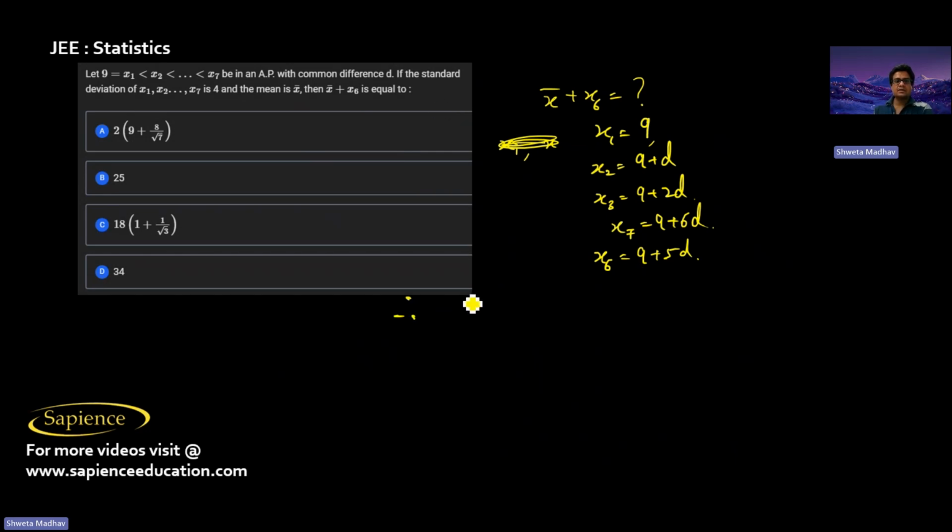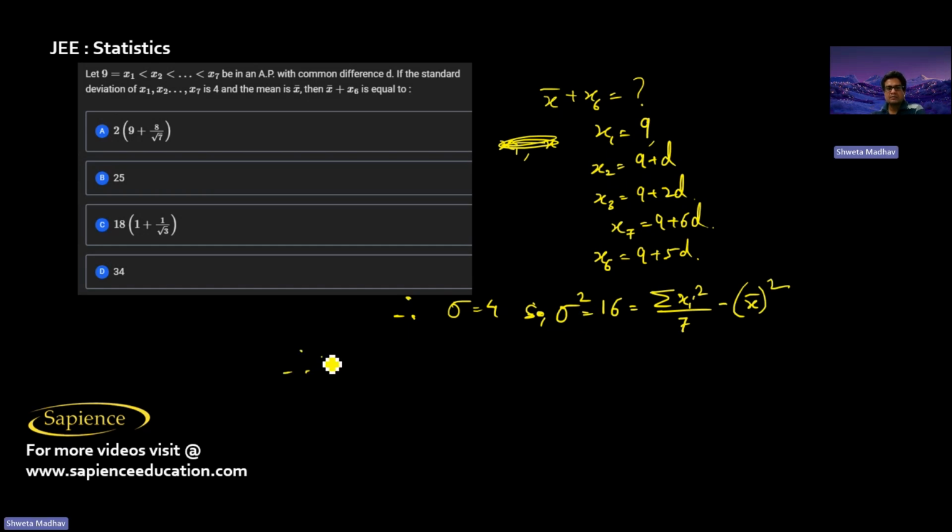Now the standard deviation sigma is 4, so the variance sigma square is 16, which will be equal to summation xi square by n, which is 7, minus x bar square, the mean square.